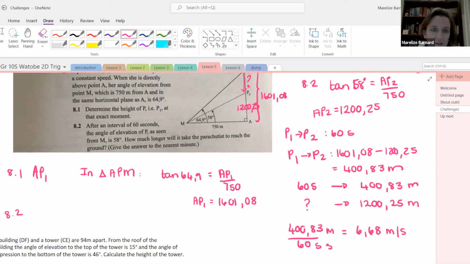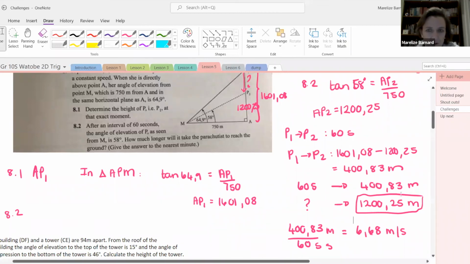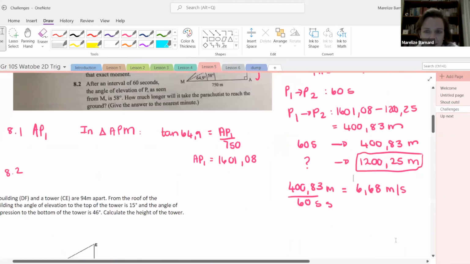Now give me the final answer. How long is it going to take her to travel this distance, which is her final distance that she needs to travel? Yeah, this is how far she goes. So we basically just work out how many meters she travels in a second.